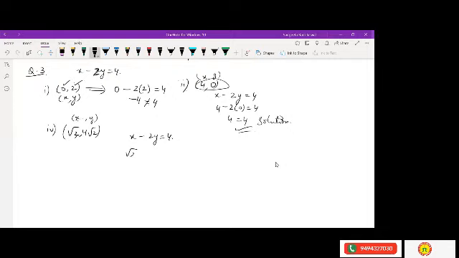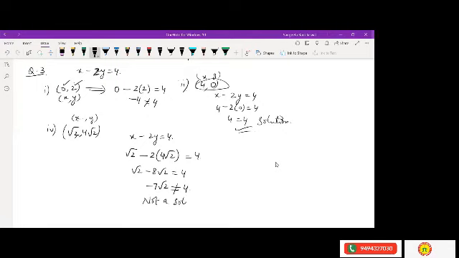In place of x, I'm writing root over 2 minus 2 into 4 root over 2, which should equal 4. So this becomes root over 2 minus 8 root over 2, which is minus 7 root over 2, not equal to 4. So this is not a solution.